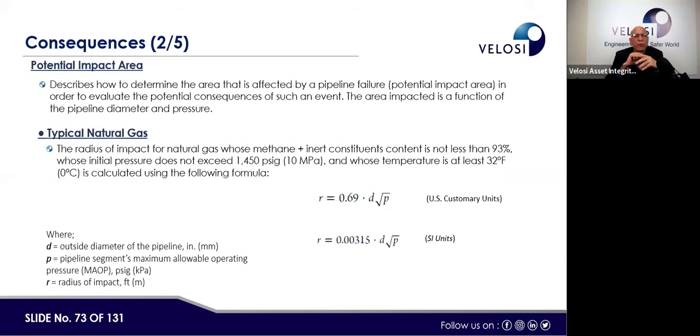For example, potential impact area is one thing, like how it can be calculated. If there is a gas leakage near a school or hospital, from a natural gas pipeline carrying some toxic element, it may have an impact, and if it catches fire, it could be dangerous.